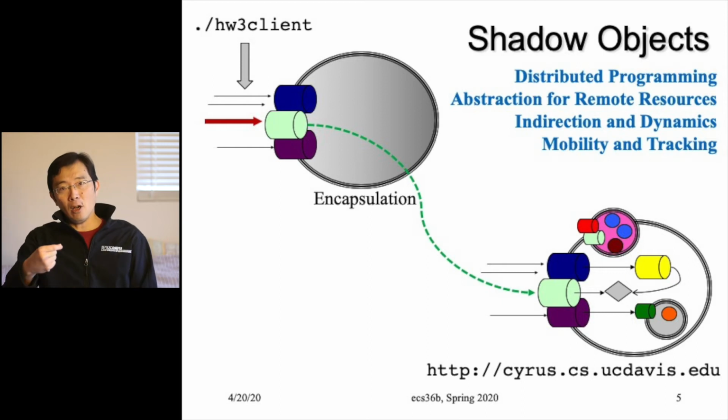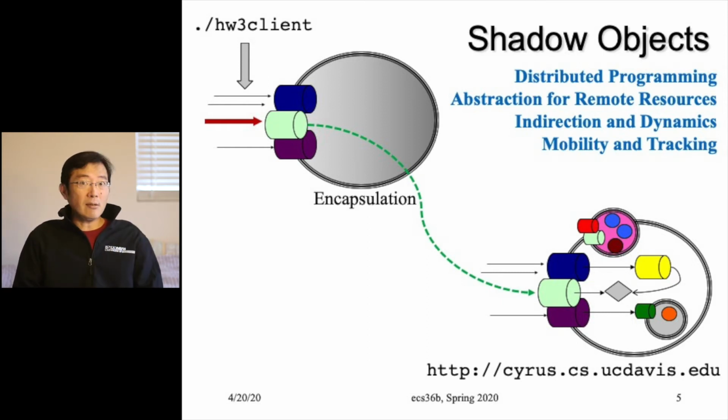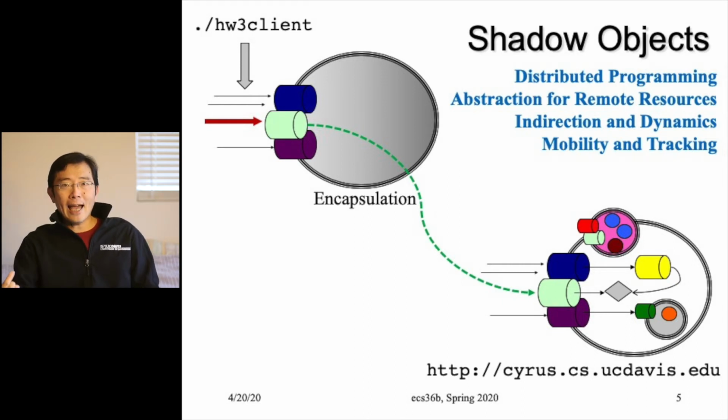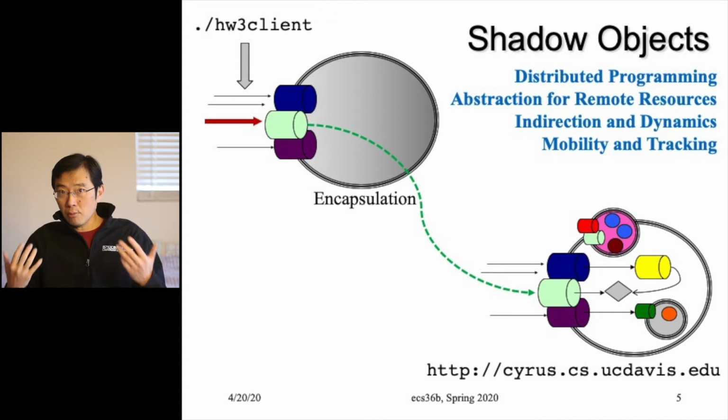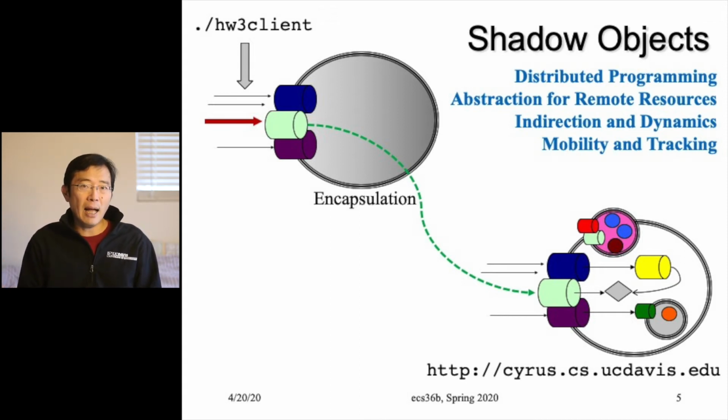That locality will follow, so even though you're still dealing with the local shadow object, the locality has been captured by the shadow object mechanism, and you don't need to worry about all these changes, and you can still develop your application.